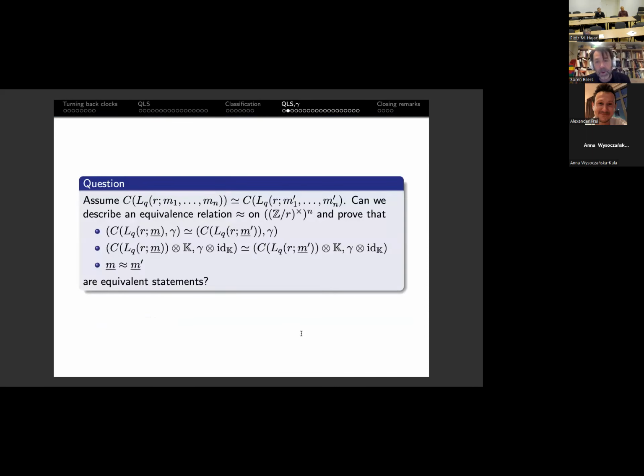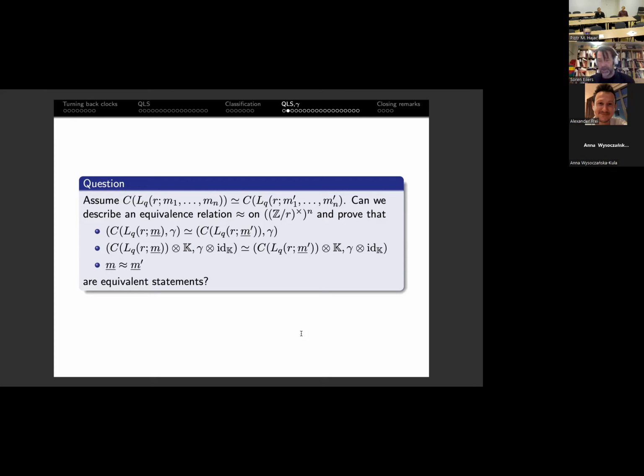So suppose I have two quantum lens spaces, any dimension, but the secondary coefficients have to be prime. And suppose I already know that they're isomorphic. Then I would like to know if they are equivariantly isomorphic. So I mean, is there an isomorphism between the two C-star algebras which commutes with the gauge action on the two C-star algebras?